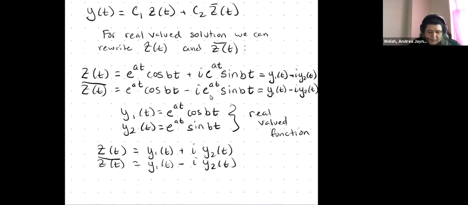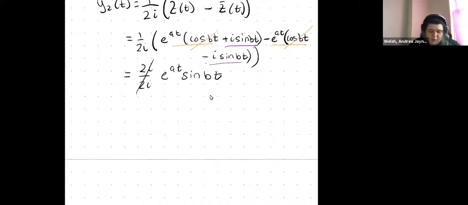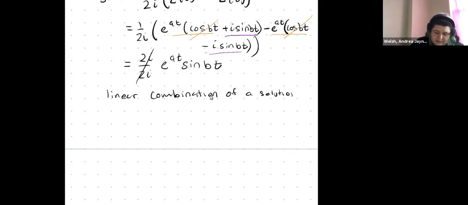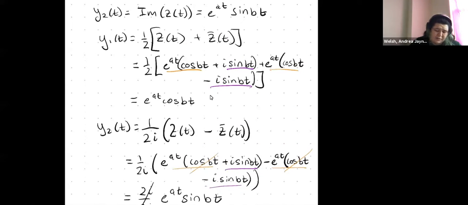Ultimately, since we know that a linear combination of a solution is a solution, we use the fact that I can define my y1 and y2 as linear combinations of those two solutions.